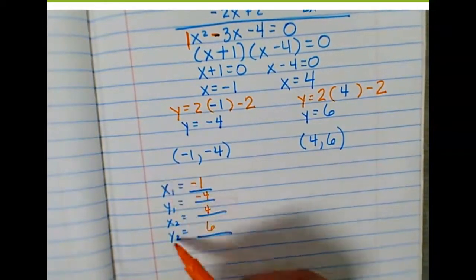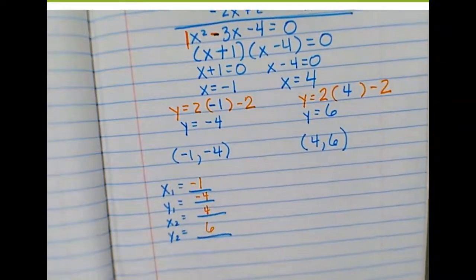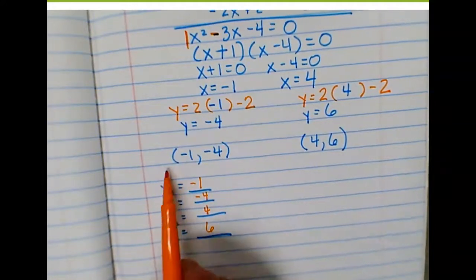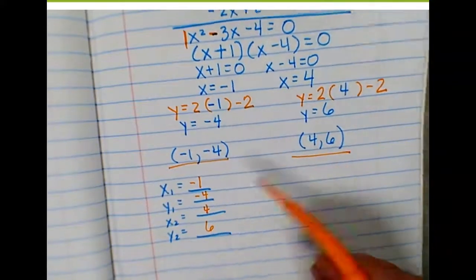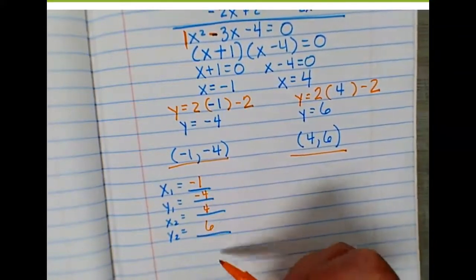But I just put it into Schoology that way to make it easier to type. Because a lot of times when we're typing the parentheses and the commas and the negative signs, it's hard to get it all in there just exactly right. So the answers are intersection points, but you're going to type them in this way right here.